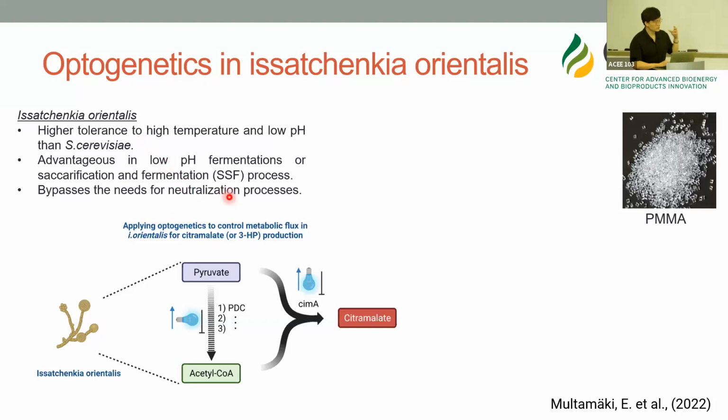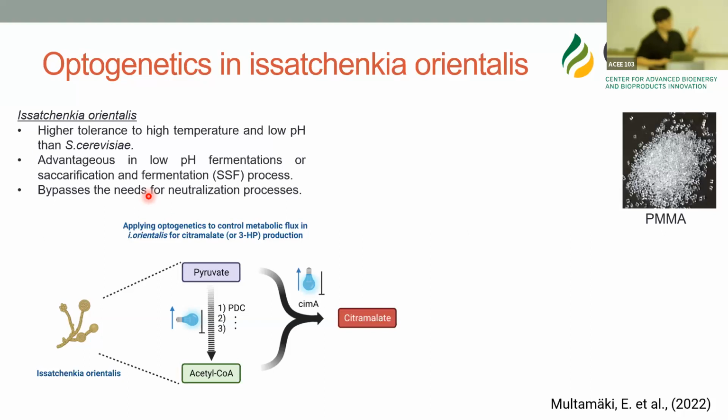It's also advantageous in low pH fermentations or a process called SSF, which is basically using enzymatic hydrolysis to break down cellulosic biomass, and at the same time use yeast to eat up those broken down sugars to ferment and produce the chemical of interest.